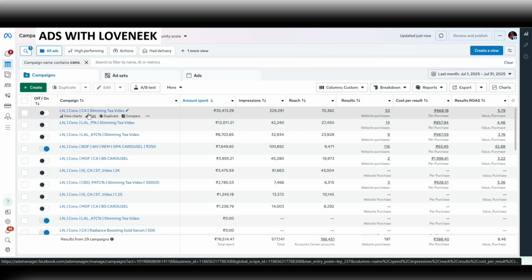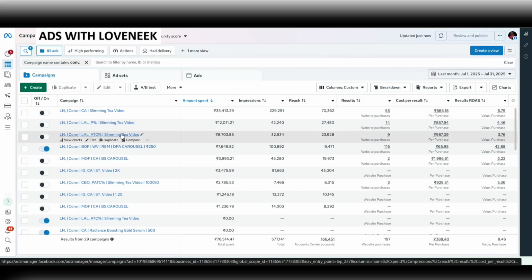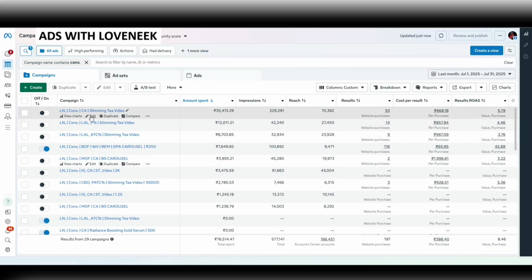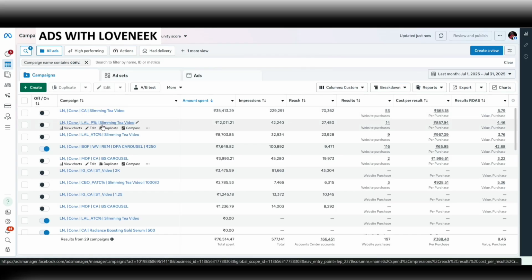Initially when I started, I just used the core audience, and then once the pixel became mature and had some data of purchasers and where we are getting purchases from, I also tested the lookalike options and the broad and the interest based options as well. As you can see in the last month, for the core audience I am using slimming tea, and then for the LL of purchases I am again using the slimming tea product to market, and then LL 80% I am again using the slimming tea product to market.